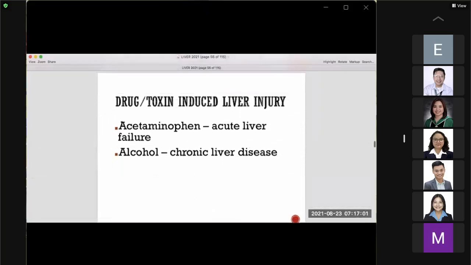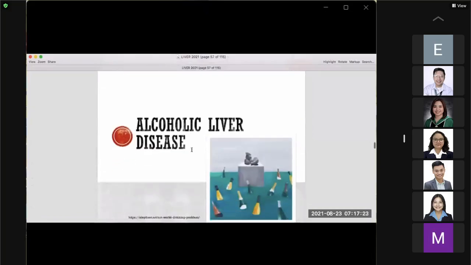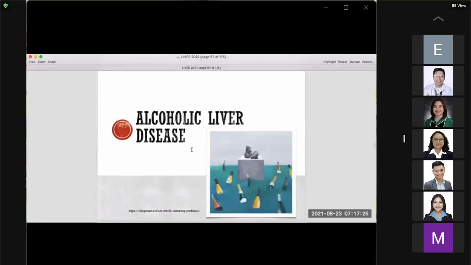Let us cite examples. We have acetaminophen, that leads to acute liver failure, and also alcohol. Chronic liver disease is expected to happen in chronic alcoholism. So here, the Reye syndrome, secondary to the intake of acetaminophen. Okay, we'll also be discussing alcoholic liver disease.